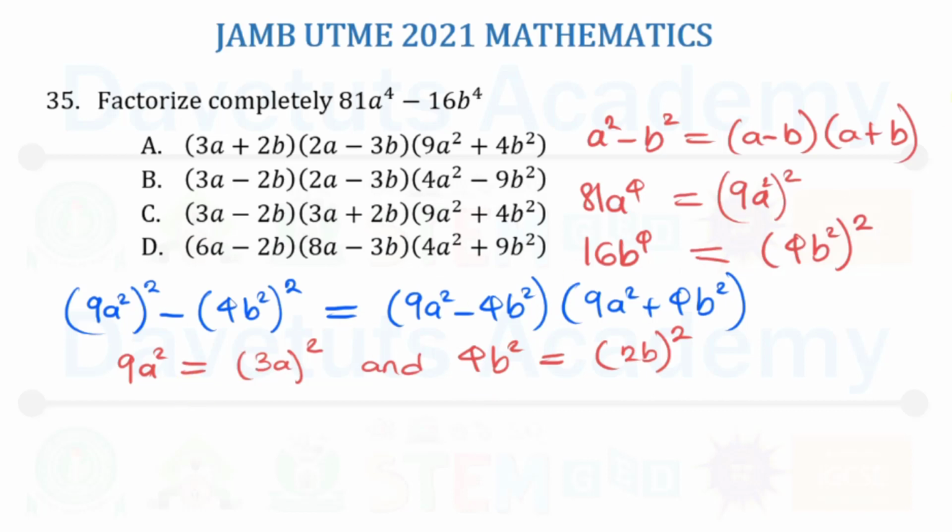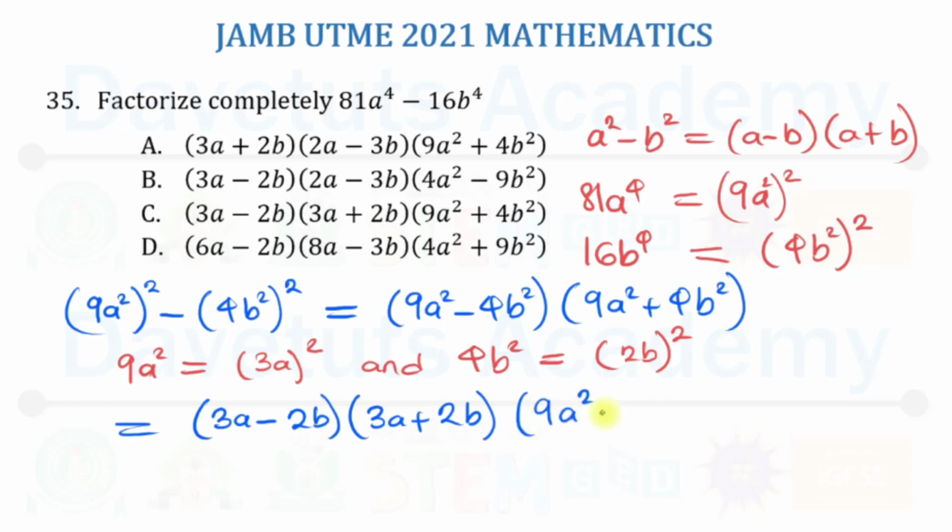For this one we now have 3a minus 2b multiplied by 3a plus 2b. Then the third term is 9a squared plus 4b squared, and this should be the solution to this question.